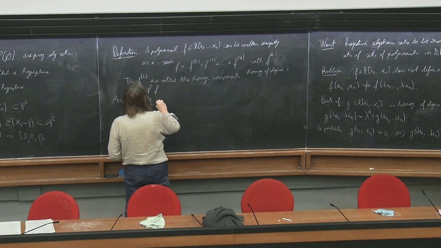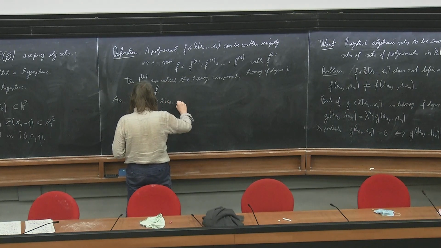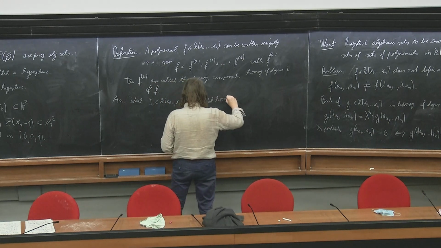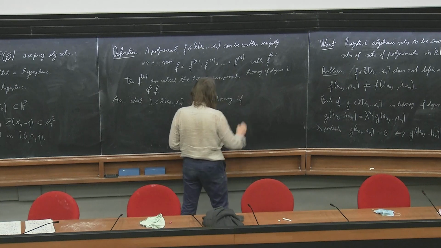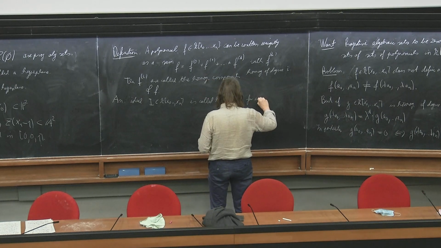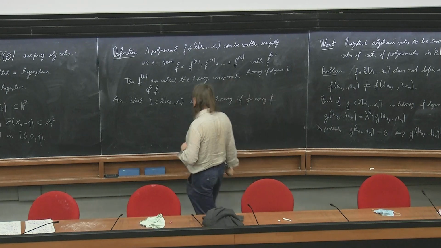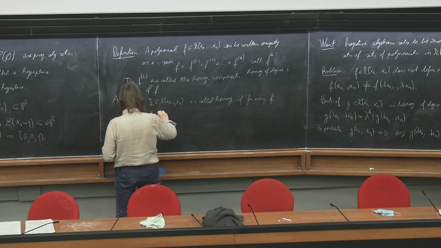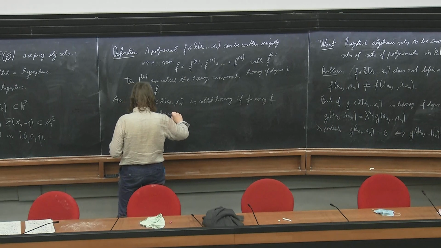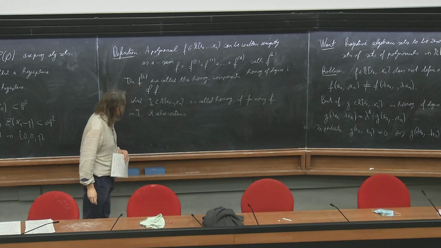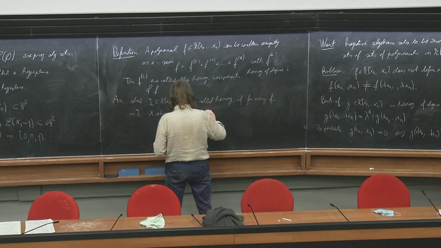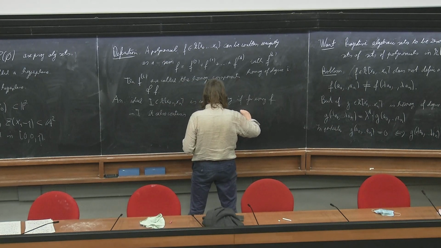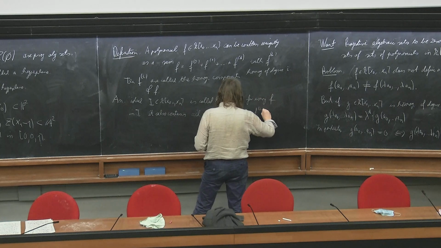So an ideal I in k[x0,...,xn] is called homogeneous if for every f in I, it also contains all homogeneous components fi of f.